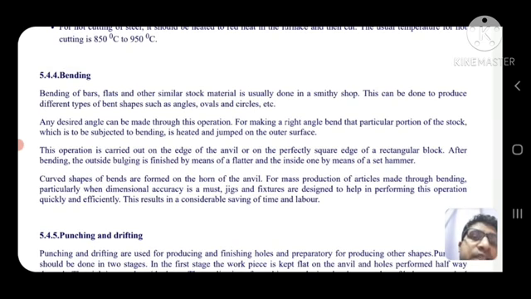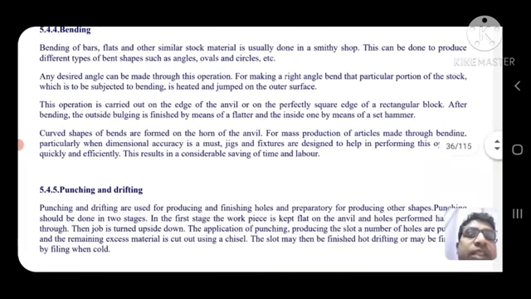For making a straight angle bend, that particular portion of the stock which is to be subjected to bending is heated and upset on the outer surface. This operation is carried out on the edge of the anvil or on the perfectly squared edge of a rectangular block. After bending, the outside bulging is finished by means of a flatter and the inside one by means of a set hammer.